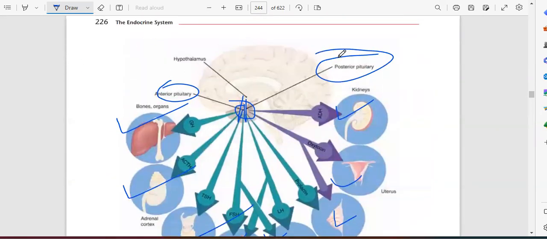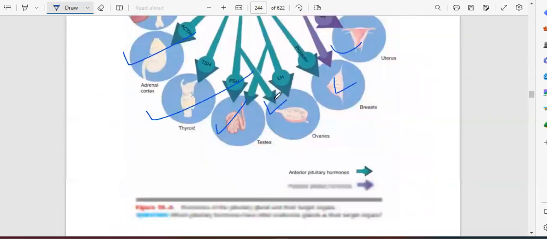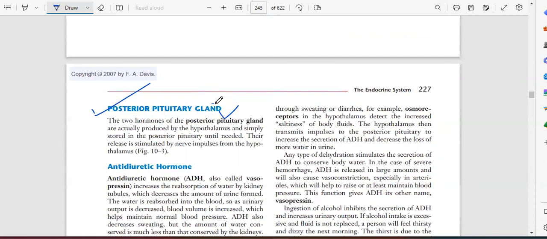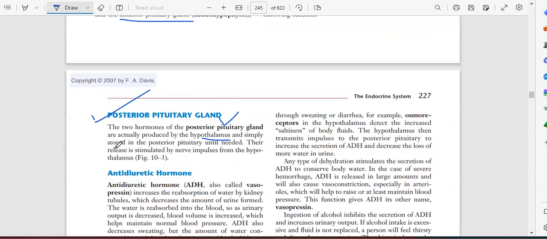Let's talk first about what the posterior pituitary gland does. The two hormones of the posterior pituitary gland are actually produced by the hypothalamus and simply stored in the posterior pituitary until needed. The release is stimulated by nerve impulses from the hypothalamus. So the posterior pituitary releases the hormones which are produced by the hypothalamus.